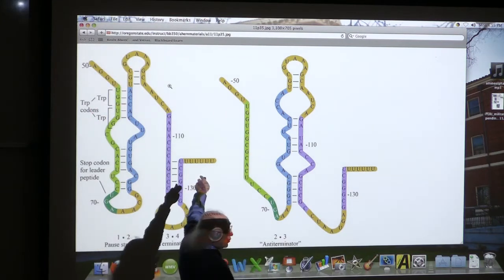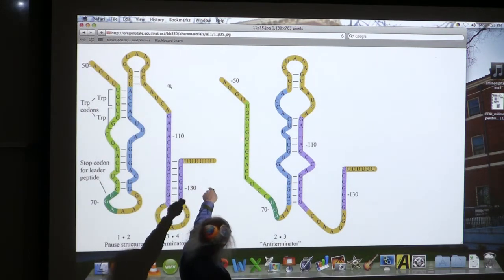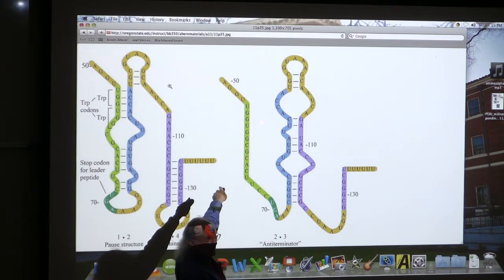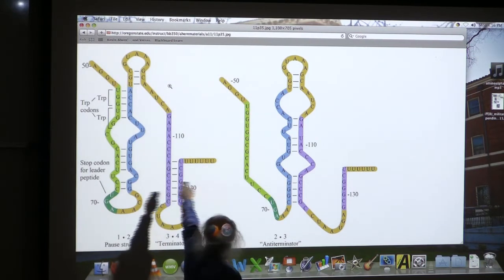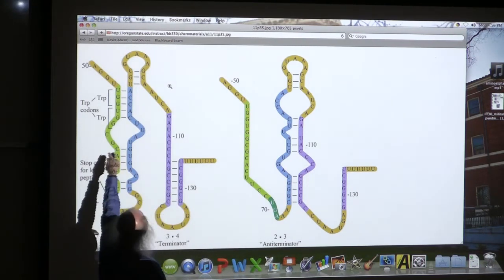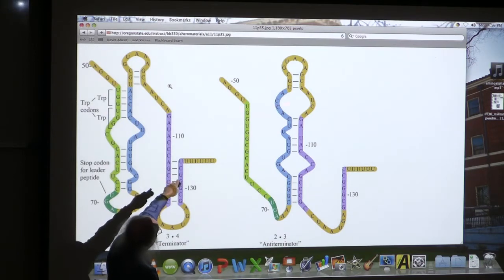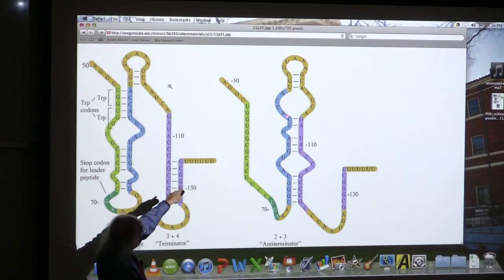If tryptophan is low, the ribosome is sitting here waiting for tryptophan, because this genetic code is saying, I need a tryptophan to put in right here. The ribosome is sitting here waiting. Well, when the ribosome is sitting on this sequence, this guy here can't pair with the blue. It can't do that because the ribosome is covering it up. That allows 2 to pair with 3.